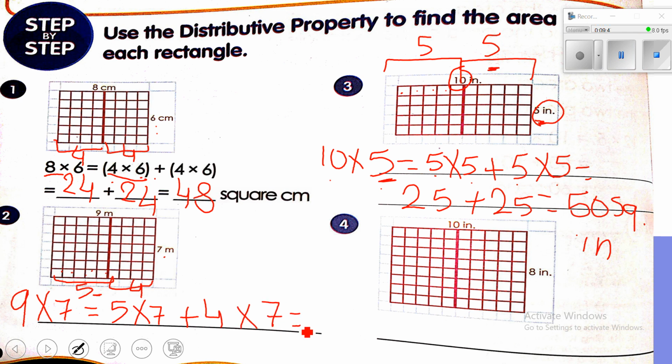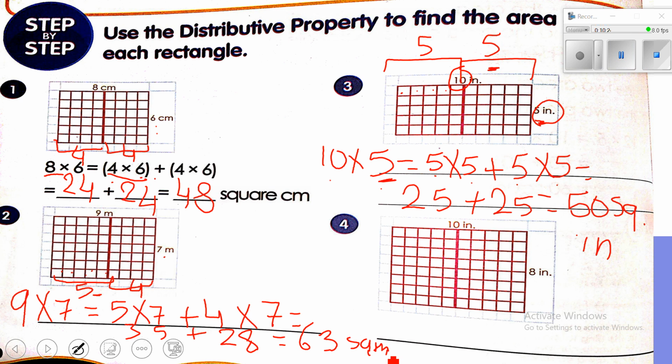I will find the answer for both of them. 5 multiplied by 7 is 35 plus 4 multiplied by 7 is 28 equals 8 and 5, 13, 3 and 3, 6, so it's 63 square meter. This is M.